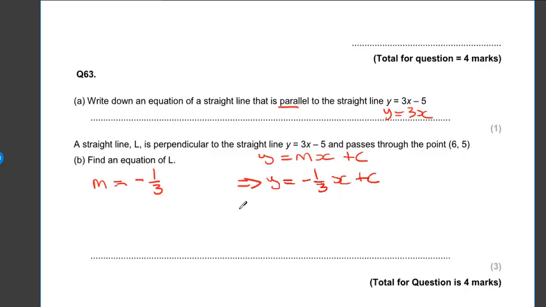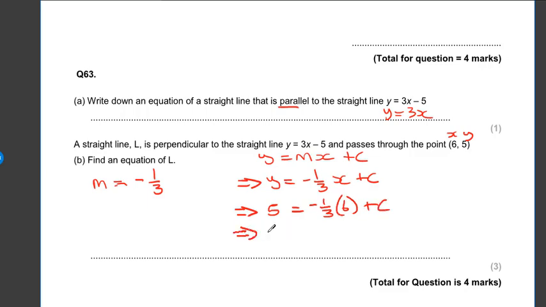That implies we have a point on the line, we're given it. So x is 6, y is 5. Be careful there, there should be 5. 5 equals minus a third times 6 plus c.